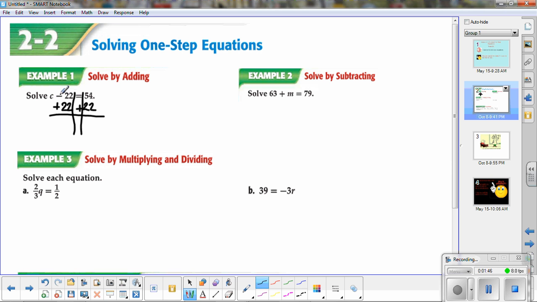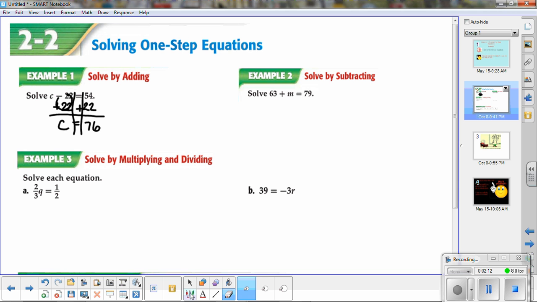So over here, this minus 22 plus 22 is 0, and c plus 0 is just c. And over on the other side, 54 plus 22 is 76. Now, the nice thing about solving equations is you can check all of your answers before you ever turn it in.